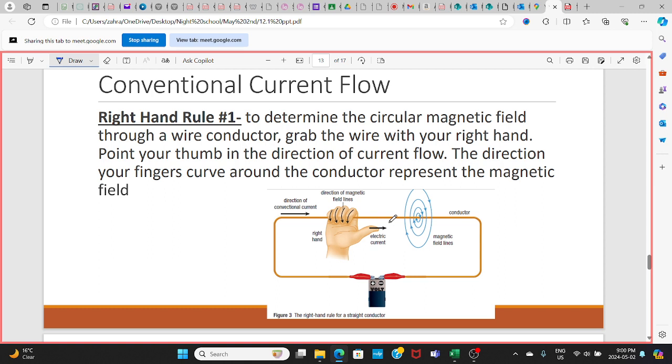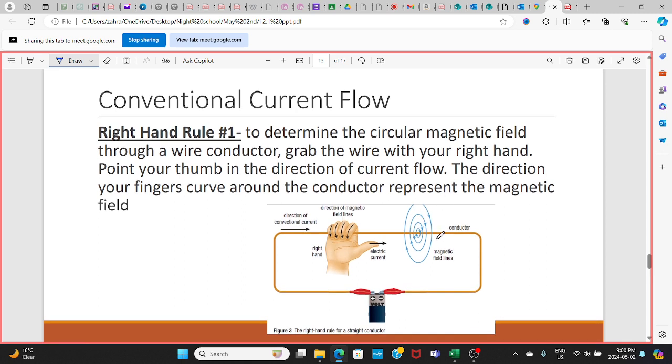That's like my pen there, right? I want everyone to try it. I'm going to give you 2-3 minutes to try to do it and put this direction. If this is going out of the page, this circle that we put here, it would go from here to here. In front of the wire, my finger needs to go down.